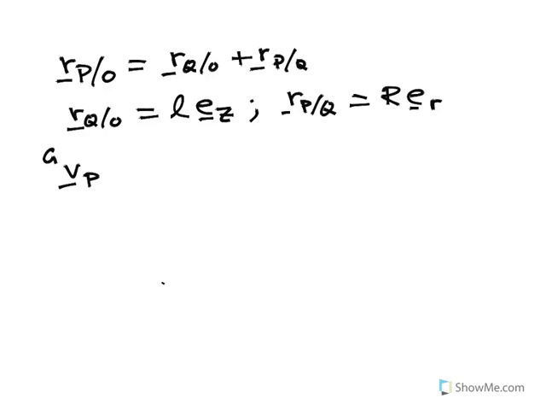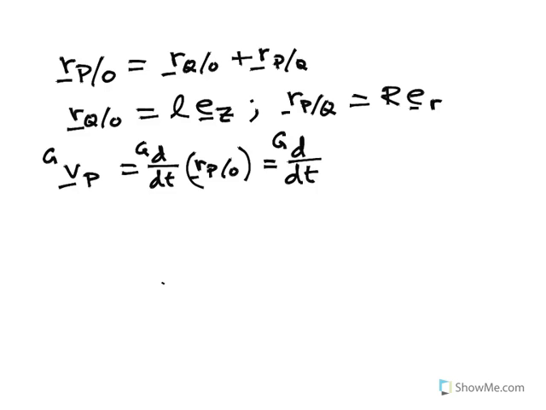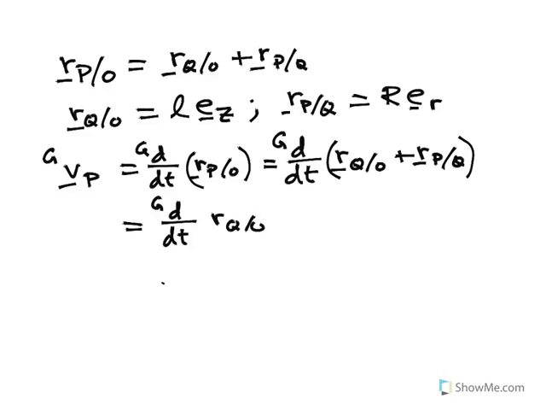The velocity of point P in G is equal to d dt in G of the position of P relative to O, which is equal to d dt in G of the position of Q relative to O plus d dt in G of the position of P relative to Q. Now you'll notice that the position of Q relative to O is expressed in coordinates fixed in the shaft, and the position of P relative to Q is expressed in coordinates fixed in the disk.